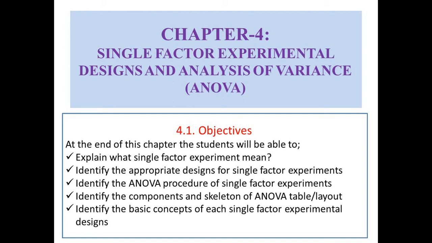Based on this, just after the end of this chapter, you will be able to explain what single factor experiments mean, identify the appropriate designs for single factor experiments, identify the ANOVA procedure for single factor experiments, identify the components and the skeleton of the ANOVA table or ANOVA layout, and finally identify the basic concepts of each single factor experiment.